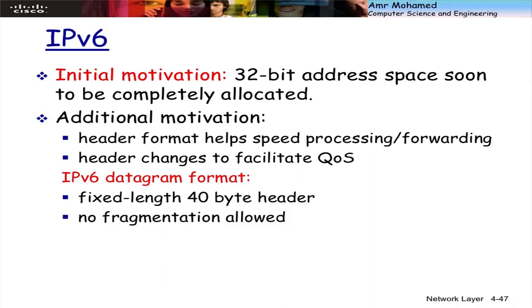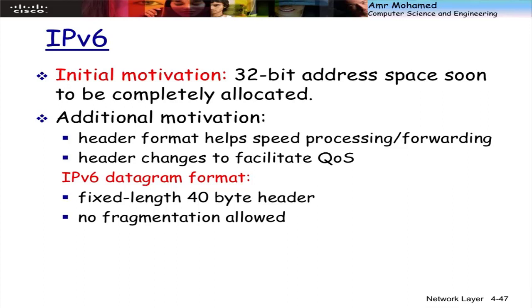So we know, for example, that IP version 4 is supposed to support quality of service through the field called differentiated services code point. Nobody uses it. Okay? So let's provide more systematic quality of service support.